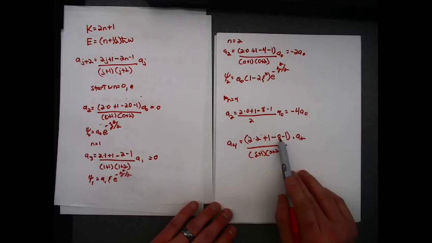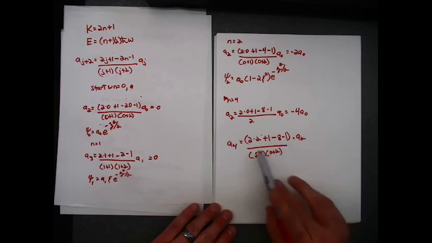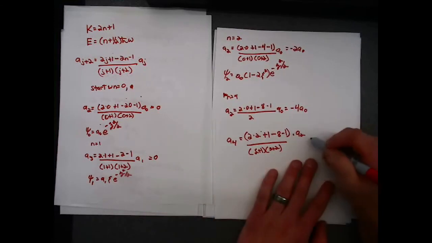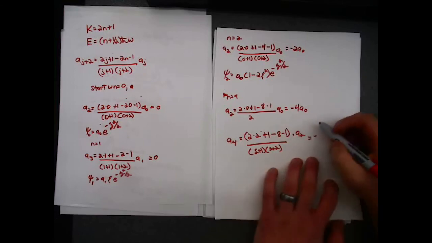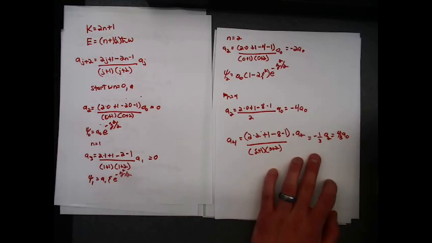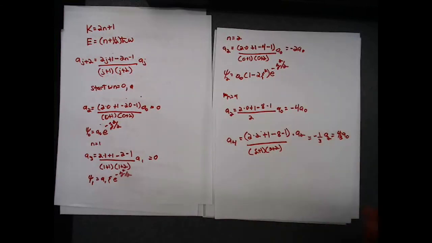Let me make sure I get this right. Minus 4 over 12, which is equal to minus 1/3 a2, which is equal to 4/3 a0. Right? Okay.